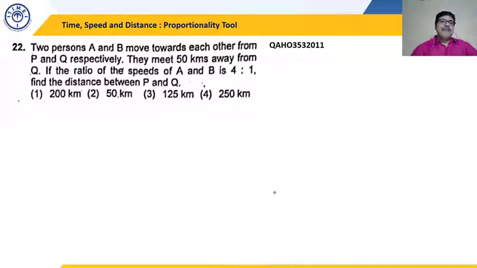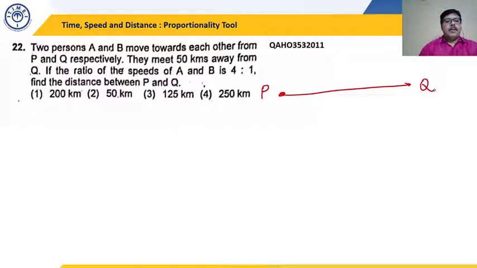Let's say next is what? Two persons A and B move towards each other from P and Q. They meet 50 kilometers away from Q. So these are two points, P and Q, and A and B move towards each other from these two points.